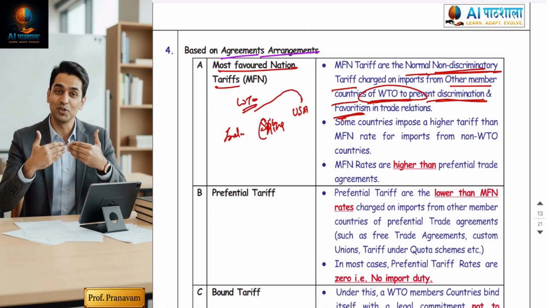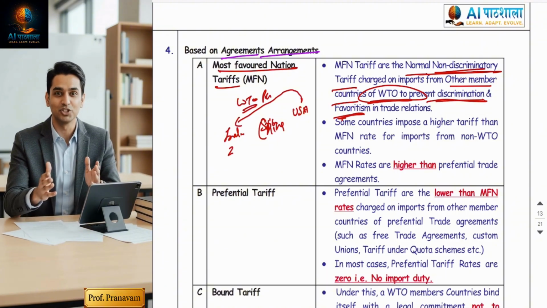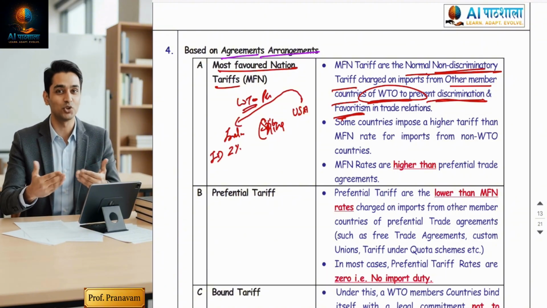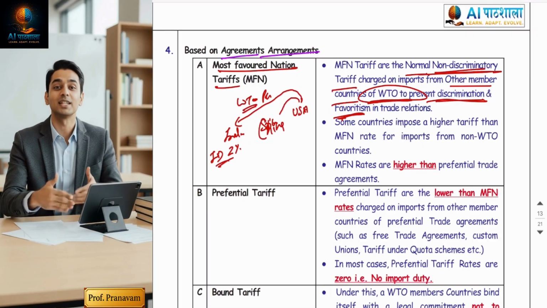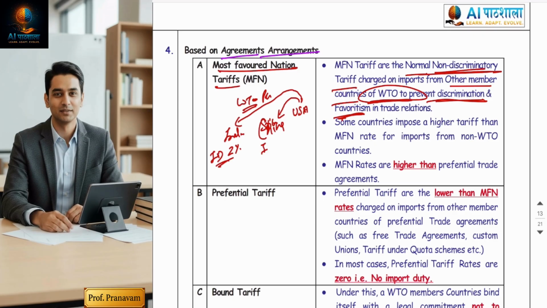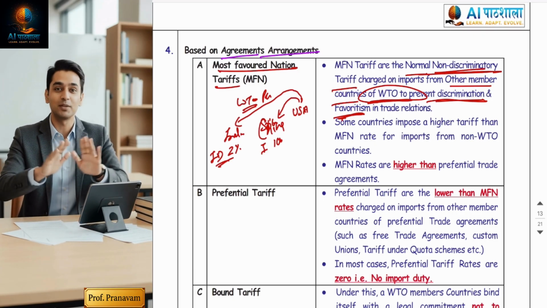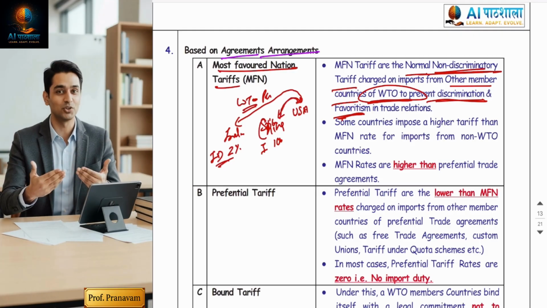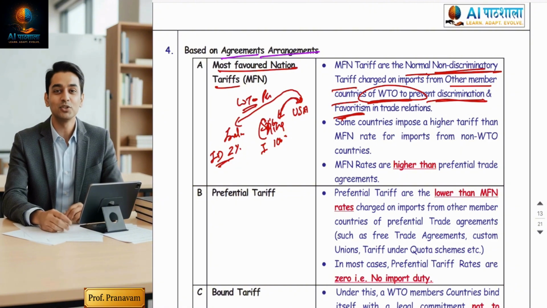US is selling some pens, some products to India at 2% import duty. Okay. And when the same pen US is selling to China, now for example, he is charging 10%. So can I say US is favoring India?